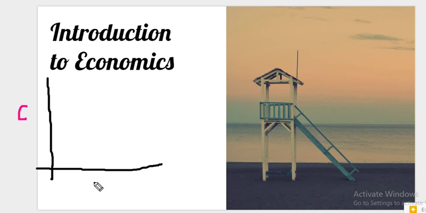The vertical axis is represented by C, let's say. That means how much that person is going to consume, and the horizontal axis is represented by Y, as we said that Y generally denotes the amount of income a person has.